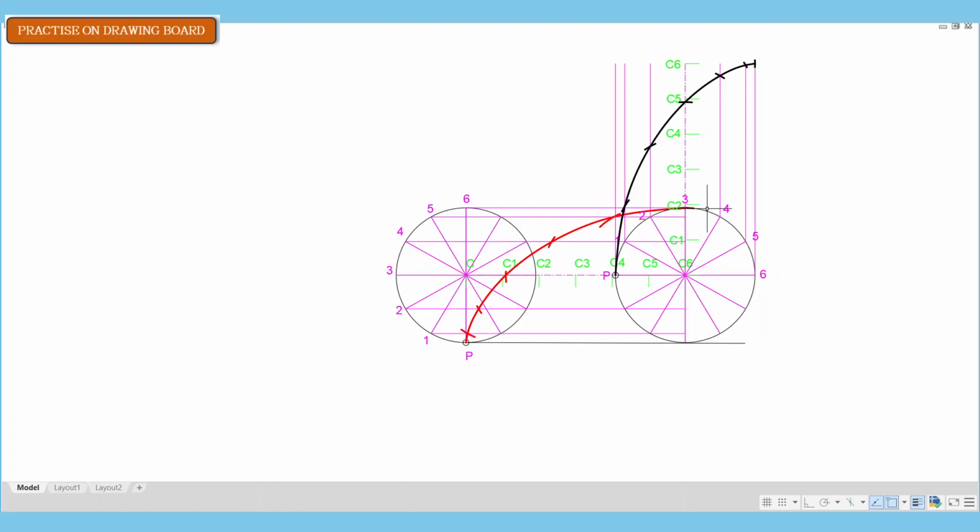But before we go, one last thing, you would have to label all of your points. So from P1, P2, P3, all the way to P6. And then the same thing here from P1 all the way to P6.